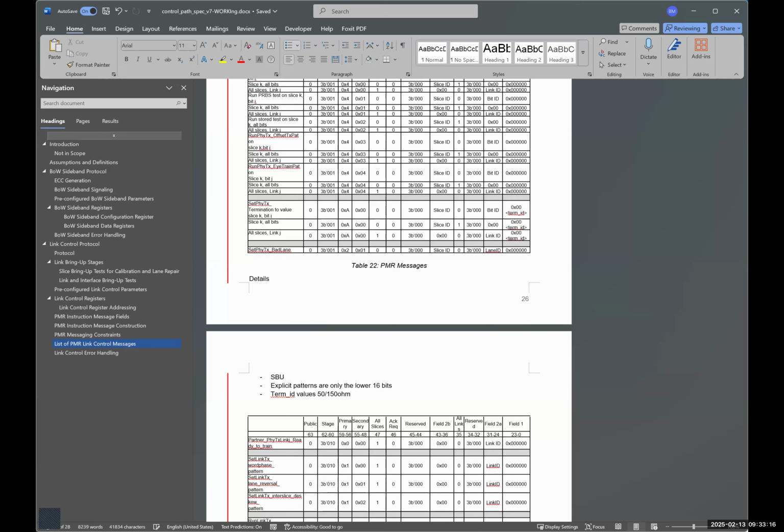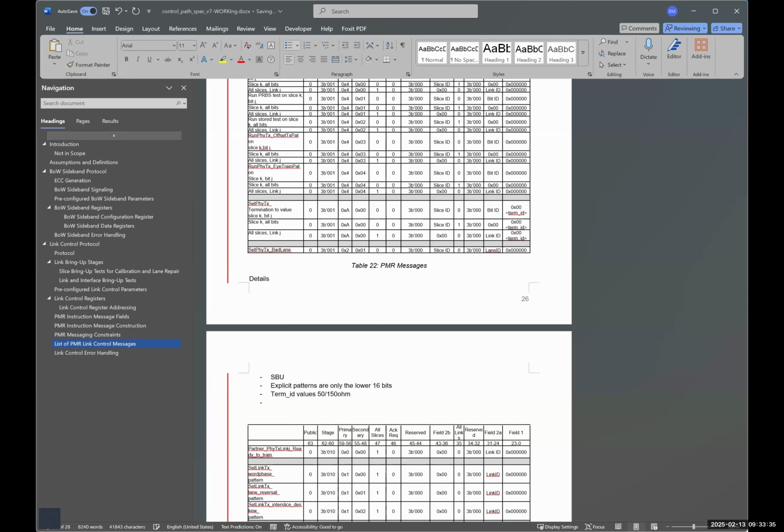I don't know if any other implementation requires anything other than 50 and 150. This comes from our earlier spec, so I don't know if the new spec has anything additional defined. Paul, do you have an opinion? No, not really.